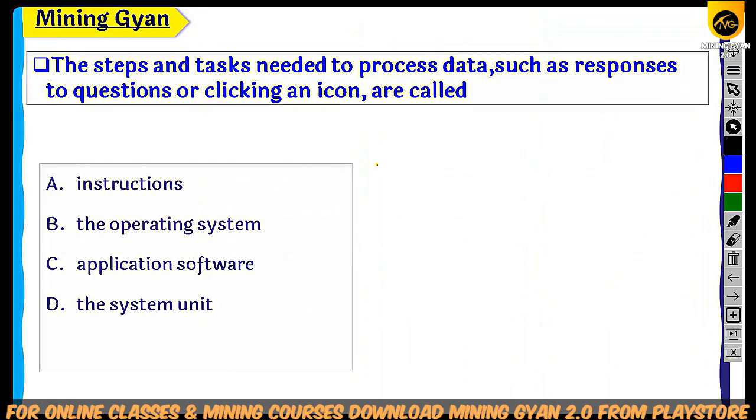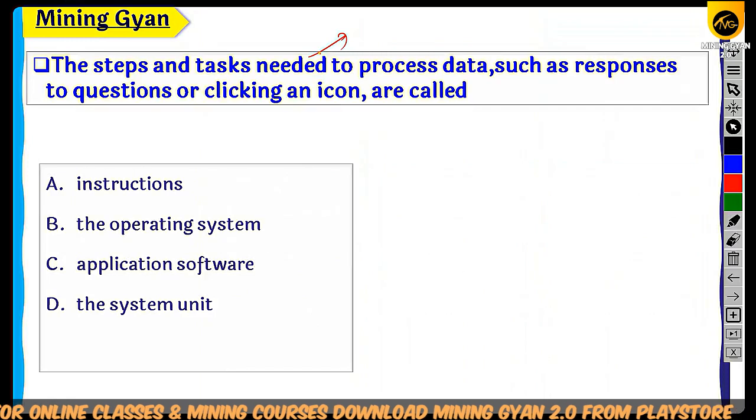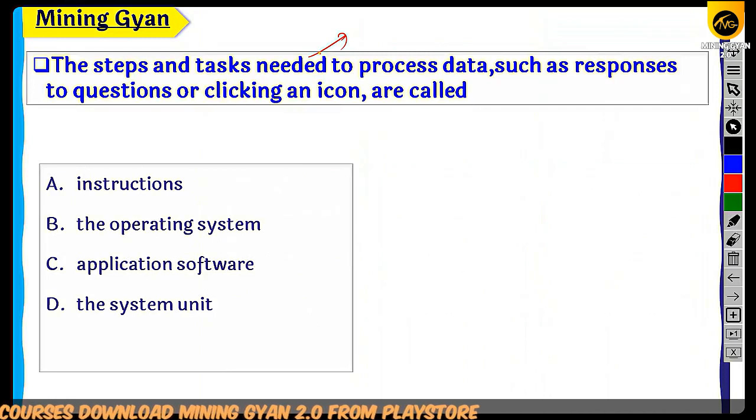So basically, it's asking what is the step or task which is needed to process any kind of data, and after the processing, it is converted into information. So what is that step or task called, which is given to the CPU to process the data?